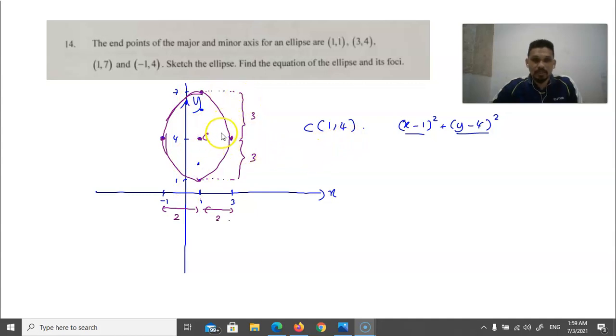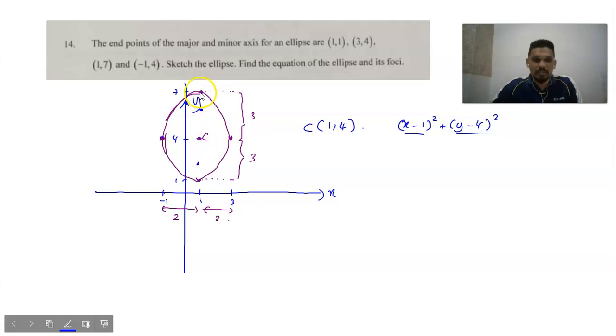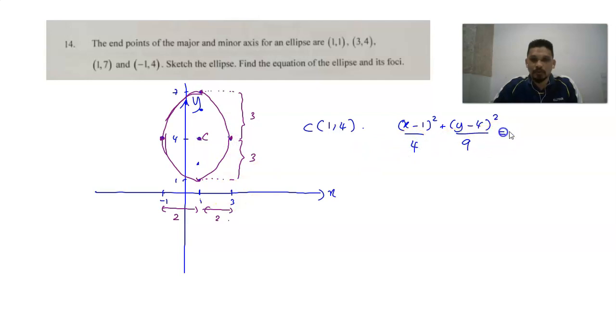We call the distance from the center to the vertex here, from C to this point, 3, so 3 squared equals 9, and the distance from the center to this point here is 2, so 2 squared equals 4, equal to 1. Find the equation of the ellipse.